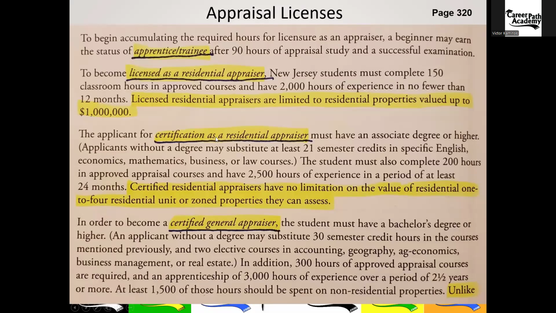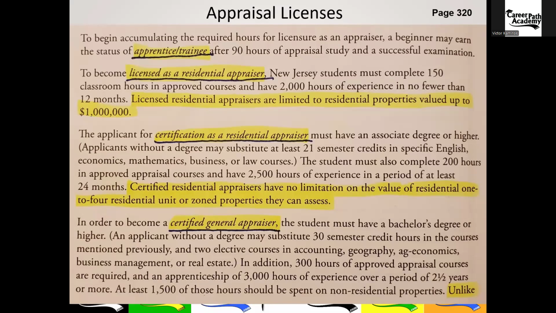The applicant for a certified residential appraiser, well, you'll need more education and more hours of experience. And then you could become a certified residential appraiser who has no limitations on the value of the residential properties that you could appraise.